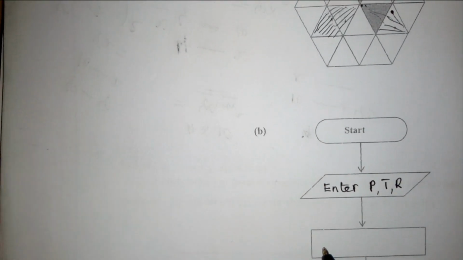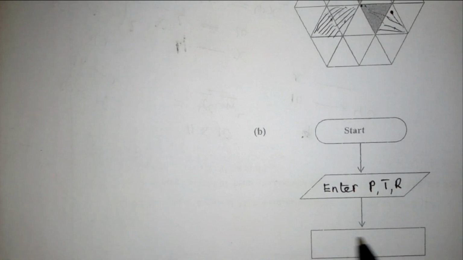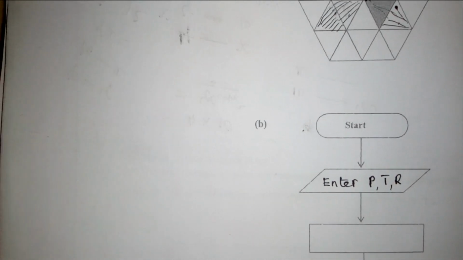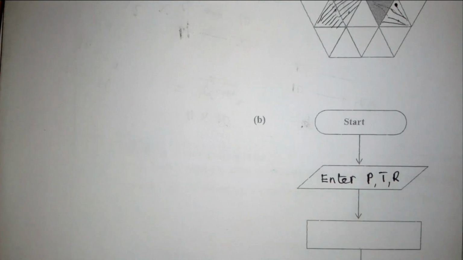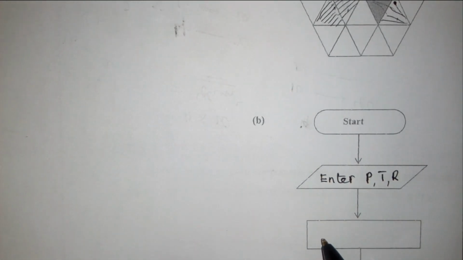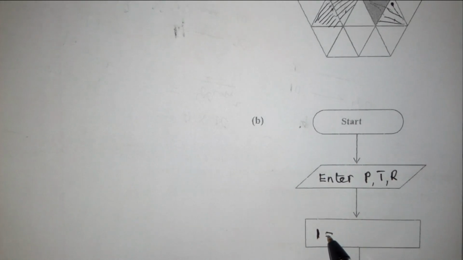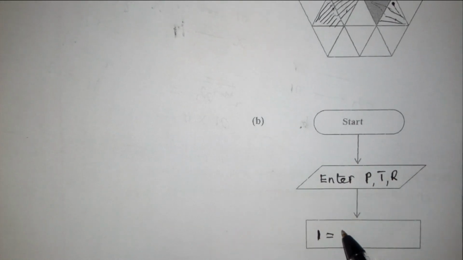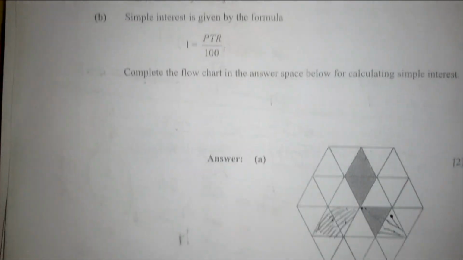The next thing, this is an action box. So what we do on this one, we need to put the formula so that it can calculate, like it does the action to solve the interest. So we'll say I, which is equal to interest, is equal to P. We know that the way they are following each other, this is multiplication in between.